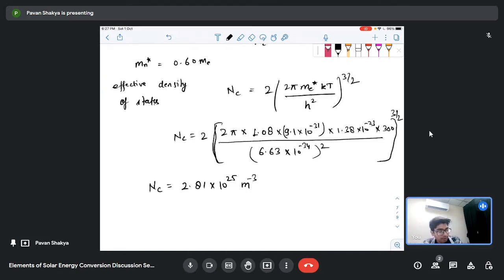Okay, now if we convert it into per centimeter cube, then this value comes out to be 2.81 × 10^19 per centimeter cube.